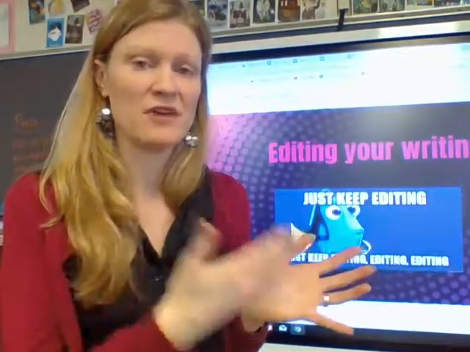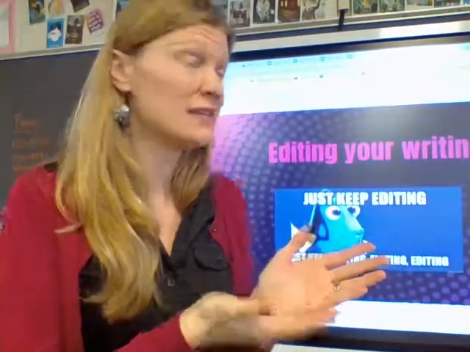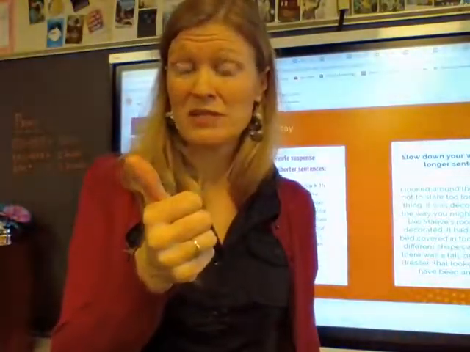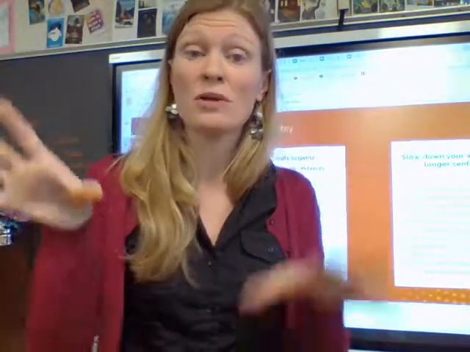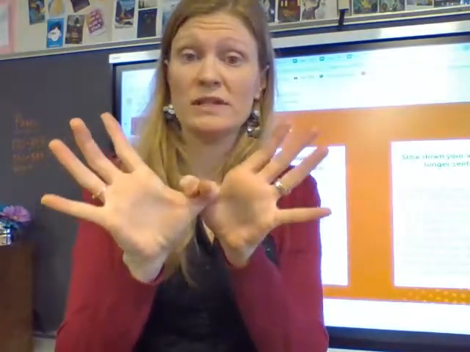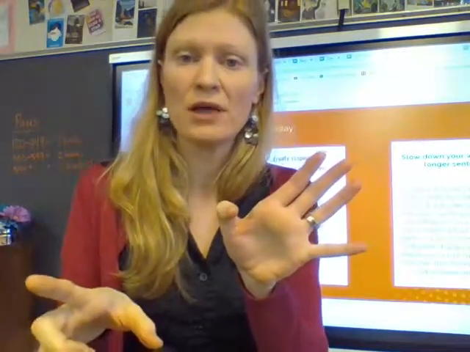Last week we did some revising and I talked about what you should be looking for in revising. An example of that would be with the fanboys that we talked about. Fanboys is where you need to add a comma when you have two separate things that come together in one sentence. Make sure there's a comma in the middle so that we remember to take that breath and pause.